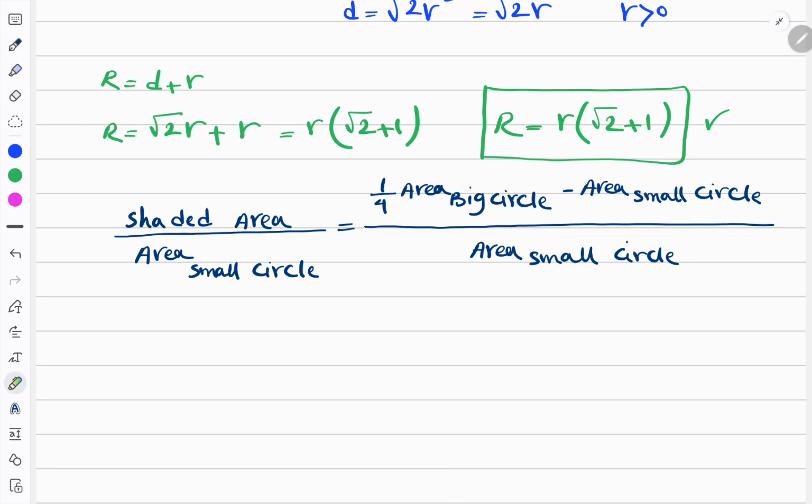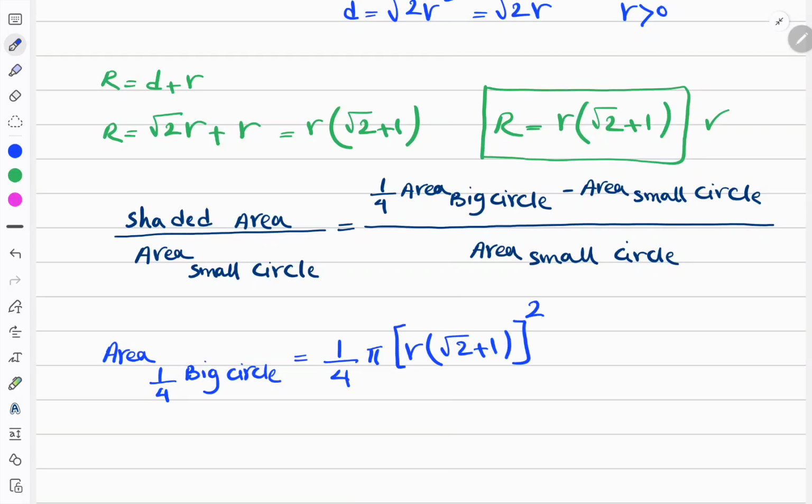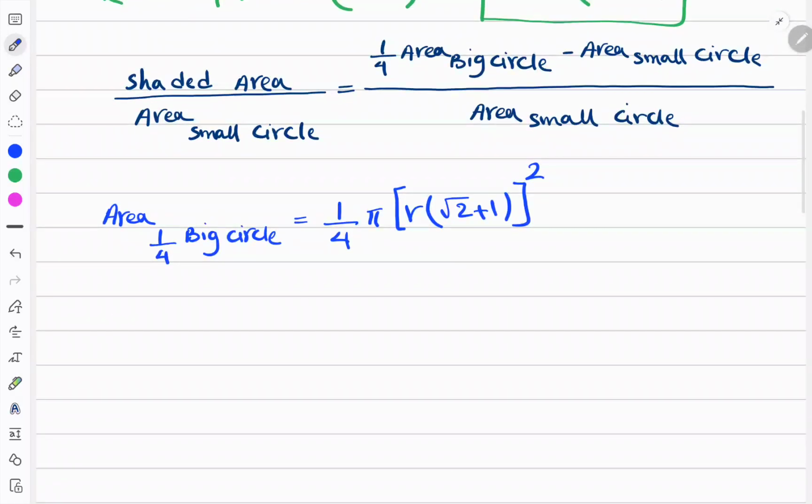Okay, the first thing that I'm going to go for is here: the area of a quarter of the big circle. In fact, this is 1/4 of pi R squared, and R is r times radical 2 plus 1. So pi, this is the radius squared, pi R squared. Okay, and now I'm going to simplify this. 1/4 of pi times r to the power of 2 is r squared.